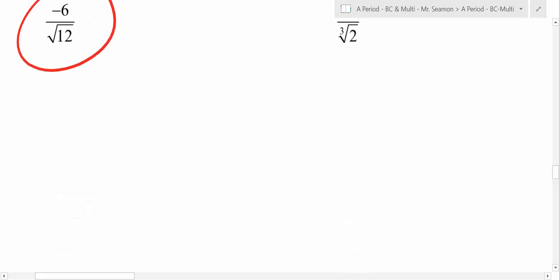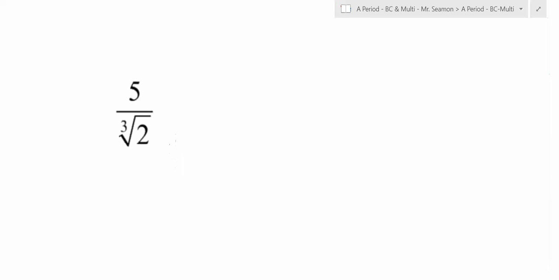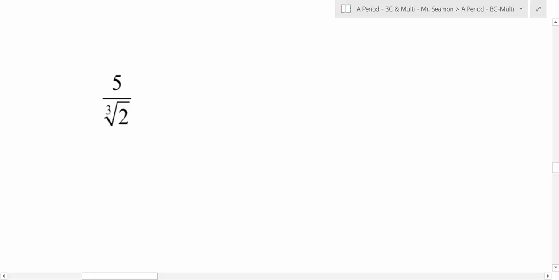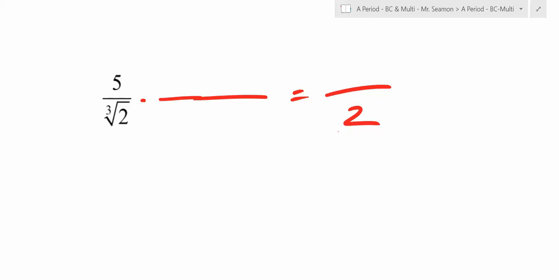Now, it gets a little bit more complicated because you could not just have a square root. What could you have instead? A cube root? So let's think about this for a second. We're trying to multiply by something that turns this into a 2. What do you have to multiply the cube root of 2 by to get 2? You need 3 of them, right?